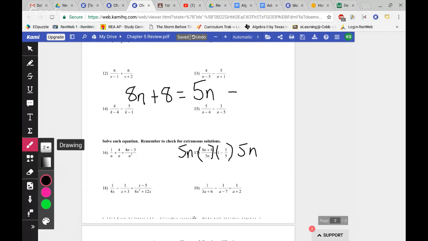Minus, and then 5 goes into 5n with an n left over. So an n times 1 is n. And y'all stop me if you have any questions. Just combine like terms. That's going to give you 8n plus 8 equals 5n minus n is 4n.